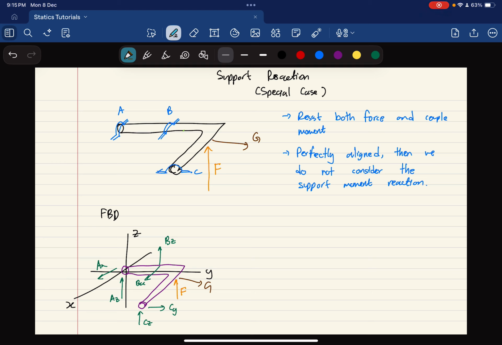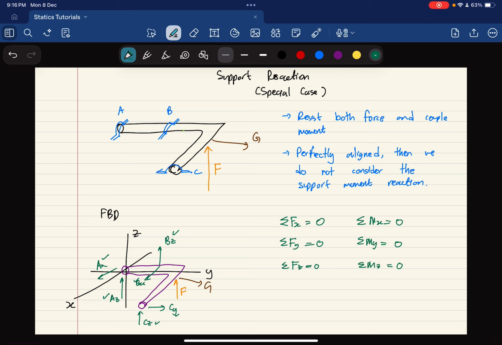With that being said, the forces F and G are known. So how many unknowns are we left with? We're left with 1, 2, 3, 4, 5, 6. We have 6 unknowns. And for 3-dimensional objects, our free body diagram equations are limited to 6 equations: summation of Fx is 0, summation of Fy is 0, summation of Fz is 0, and summation of Mx is 0, summation of My is 0, and summation of Mz is 0.